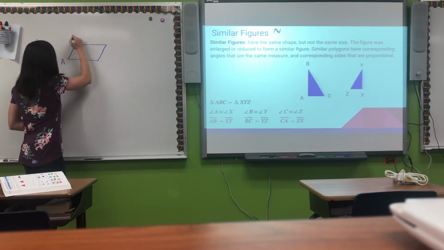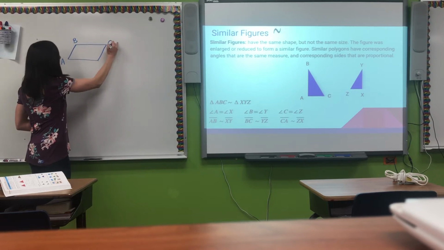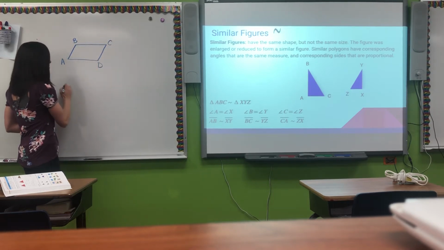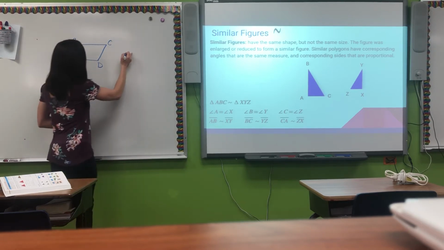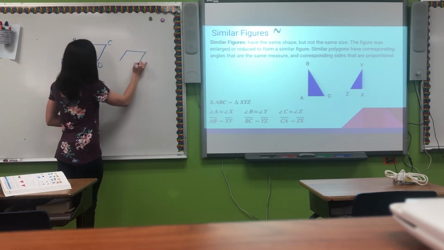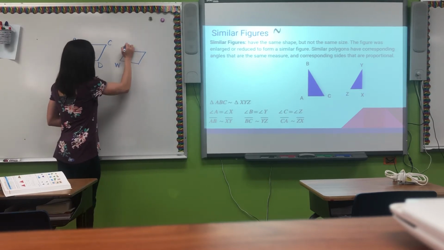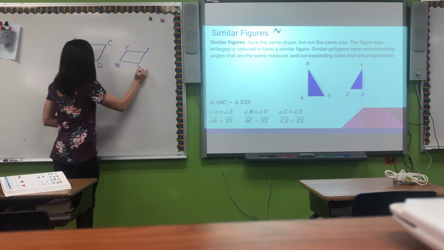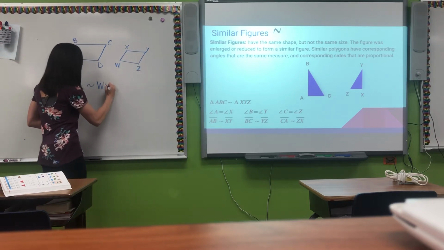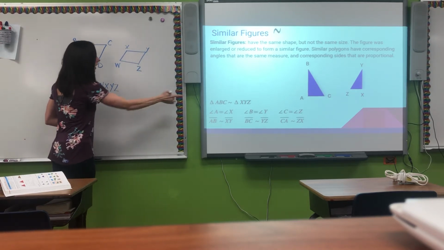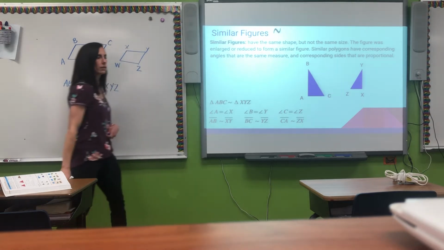If it's a quadrilateral, A, B, C, D, we just list it A, B, C, D. So if I was saying that quadrilateral is similar to W, X, Y, Z, we would just write it like this. But a triangle, we put the triangle sign.